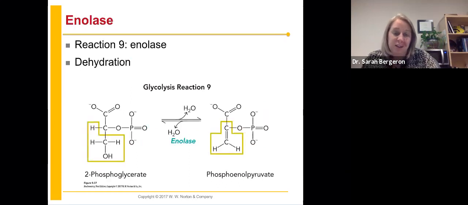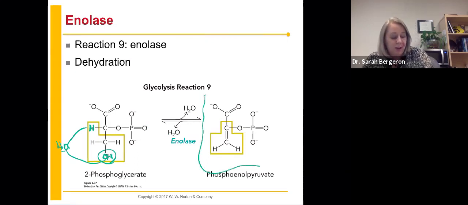Reaction 9 is the enolase. So the enolase functions through a dehydration reaction. We're going to remove water. We have a hydrogen from here, a hydroxyl from here. We pull those off, we make water, and what are we left with? We're left with a double bond between the carbons and now 2 hydrogens on there. Now, what's great about this is, guess what?